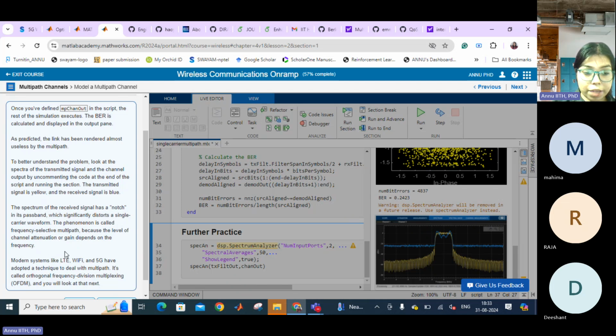Modern systems like LTE, 4G, Wi-Fi 802.11p and 5G have adopted a technique to deal with this multipath. It is called orthogonal frequency division multiple access. That's why they ask about it very frequently: what is it, how it works, what is the implementation of it, and what are the blocks of orthogonal frequency division multiple access.